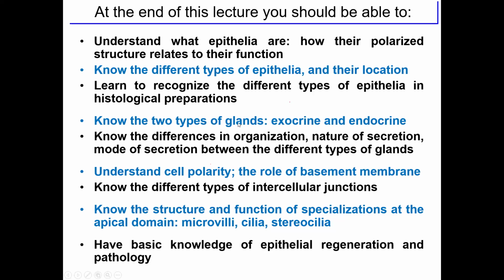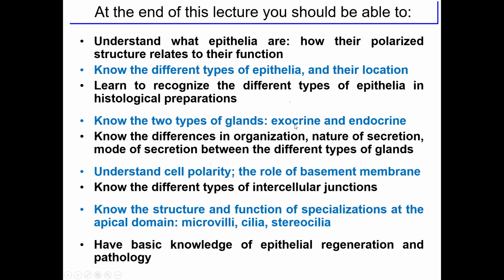We will look at the two types of glands that are actually formed by epithelial tissue, and we'll discuss the exocrine glands and the endocrine glands. We will look at the differences in the organization, nature of secretion, mode of secretion between the different types of glands. We will understand the cell polarity, the role of the basement membrane.